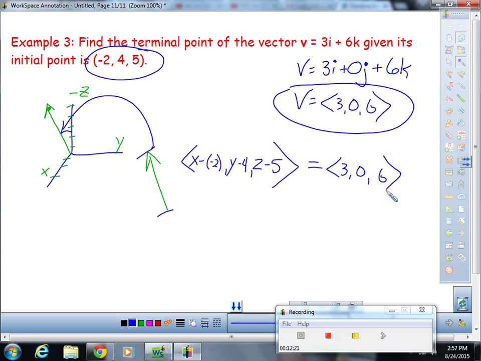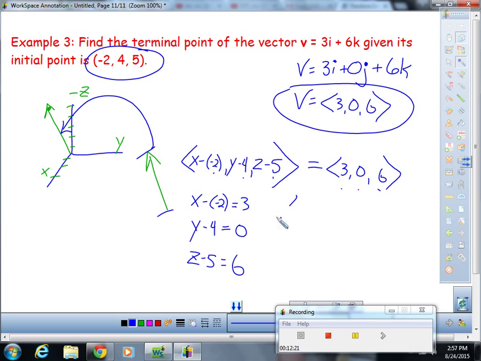So there is some point x, y, z that we used along with the initial point negative 2, 4, 5 in order to determine the vector 3, 0, 6. So now I've just got 3 separate little equations to solve. X minus a negative 2 equals 3. Y minus 4 is equal to 0. And z minus 5 is equal to 6.